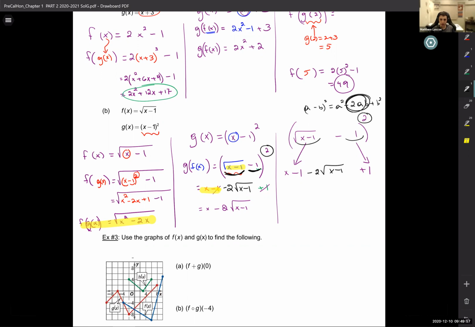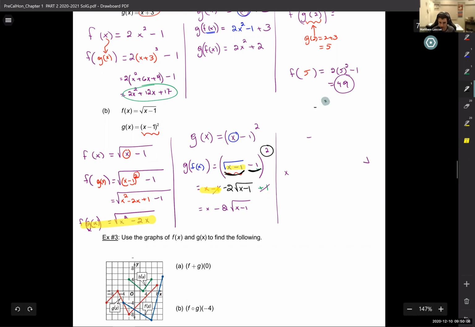Could you go over that trick to get the middle term again? Yes. So if you have, let's say, x minus 3 squared, right? You square the first term, you get x squared. You square the last term, you get positive 9. The inside is 2 times negative 3, negative 6 times x.